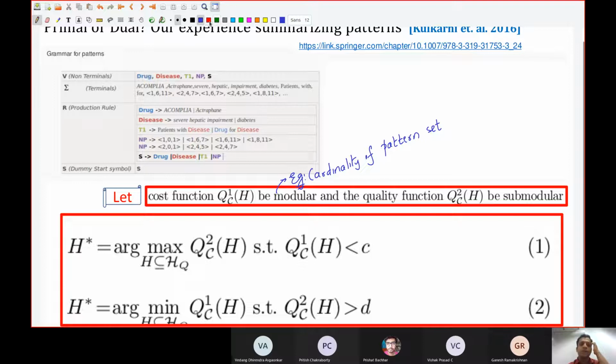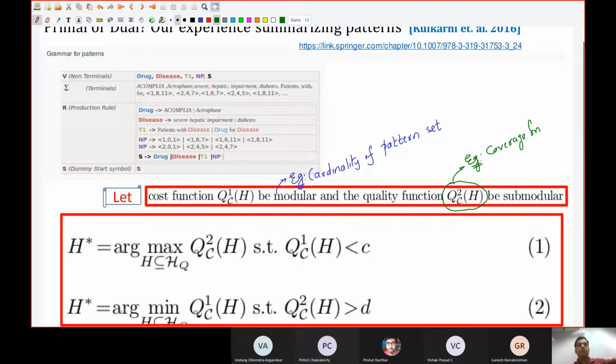And then you have a QC2, which is the coverage function. I've been trying to tell you about how patterns cover, right? So again, example: coverage function. Okay. So there are two problems.